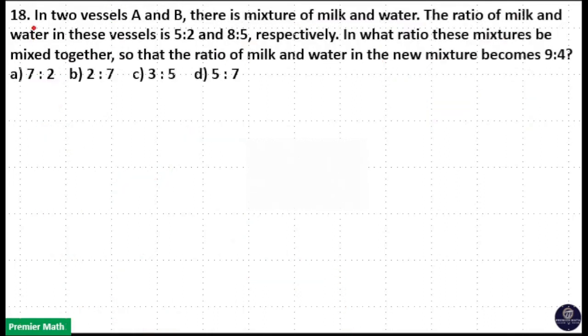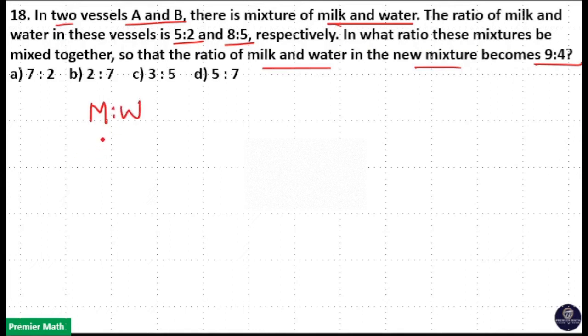Next is, in two vessels A and B, there is a mixture of milk and water. The ratio of milk and water in these vessels is 5:2 and 8:5 respectively. In what ratio should these mixtures be mixed together so that the ratio of milk and water in the new mixture becomes 9:4?